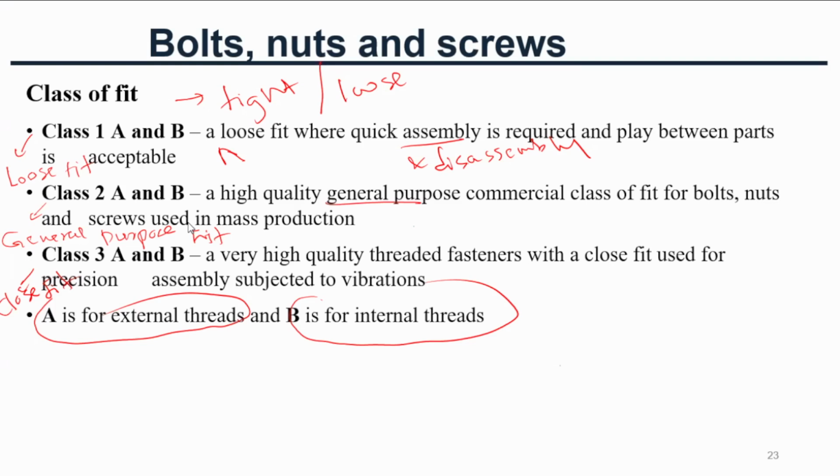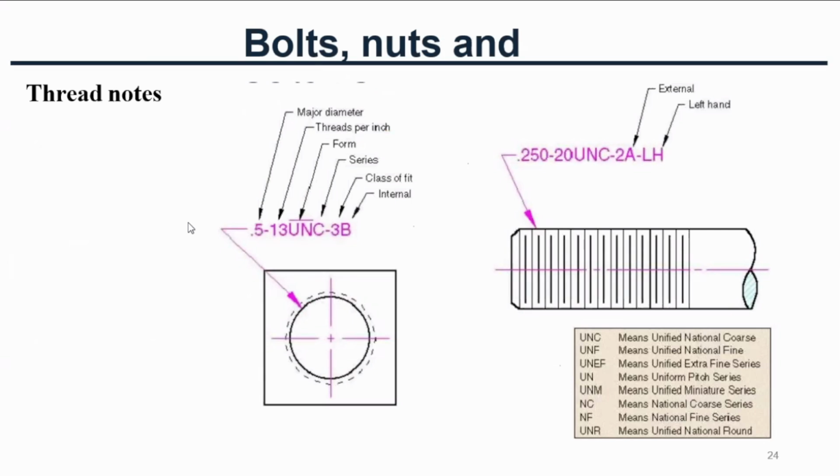Okay, then according to class of fit we can categorize these types of classes: class 1A, 1B, 2A, 2B, 3A, 3B. Okay, then here you can see a standard drawing. What is this? I'll ask a few questions.